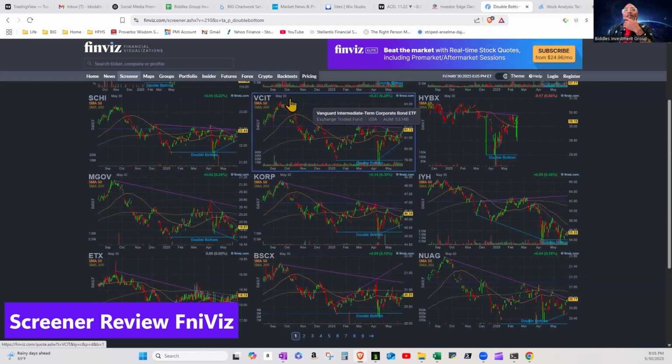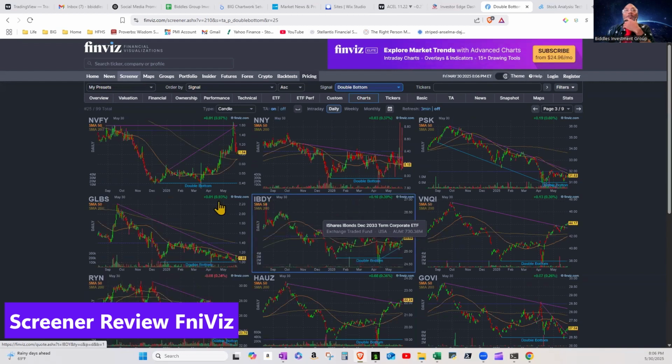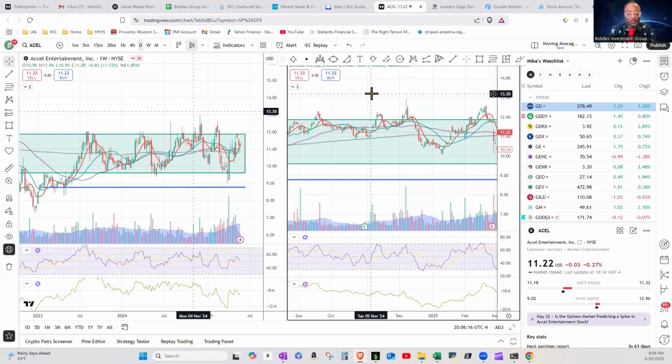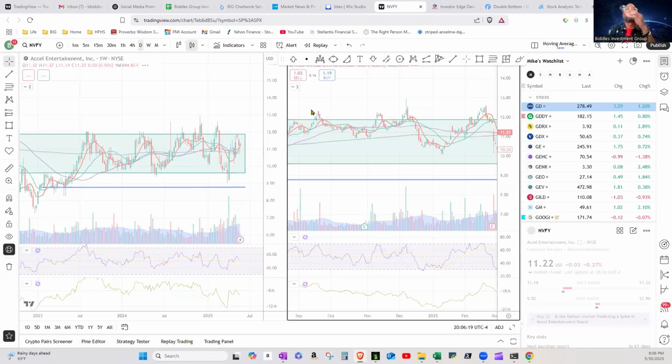This is a cup, VCIT, starting to fill out. We need to break out above two key levels there. We'll just bounce around here. So this MVFY, that was a cup that completed. I believe this is a larger cup historically if you look at the weekly MVFY.